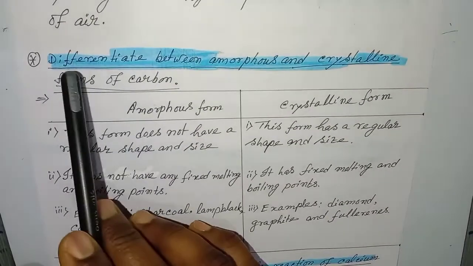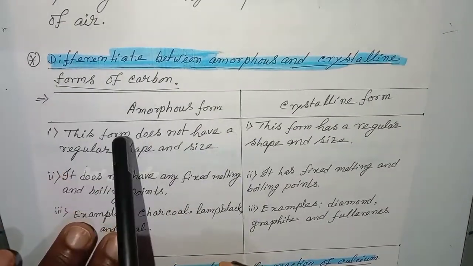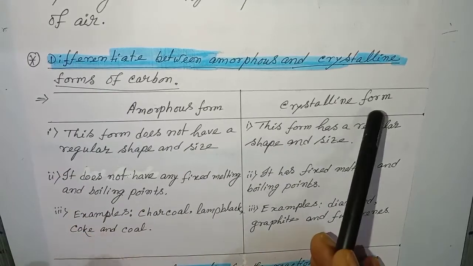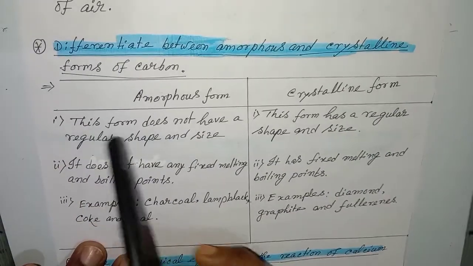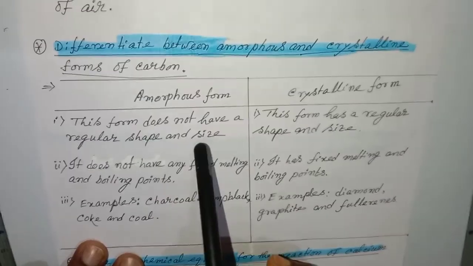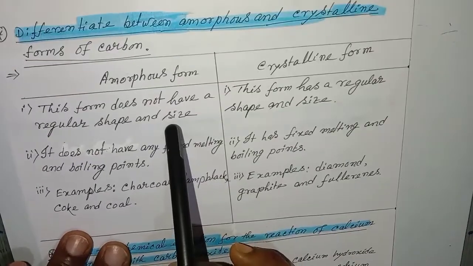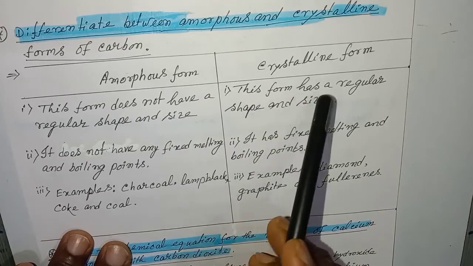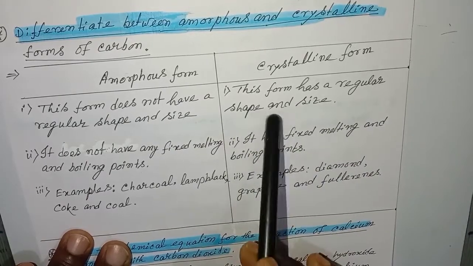Next part, the difference between the amorphous and crystalline forms. The amorphous form does not have a regular shape and size, but the crystalline form has a regular shape and size.